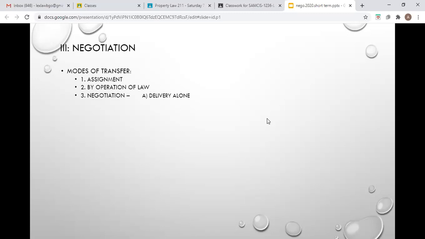But if that payable to order instrument, instead of transferring it to another by way of endorsement completed by delivery, you will just deliver that payable to order instrument, then your act of delivering that instrument without the requisite endorsement will now just be considered as a mere assignment. So transfer by operation of law, on the other hand, is just delivery because it has been so allowed under the law. And then how about negotiation?